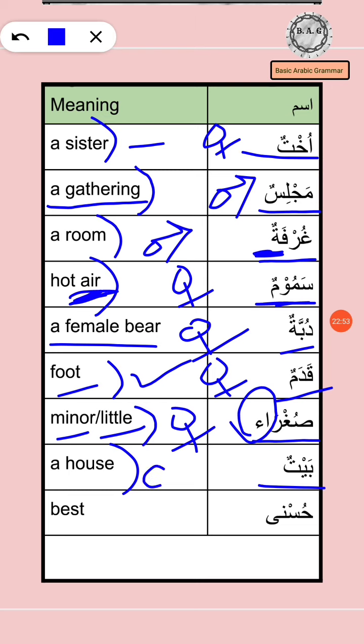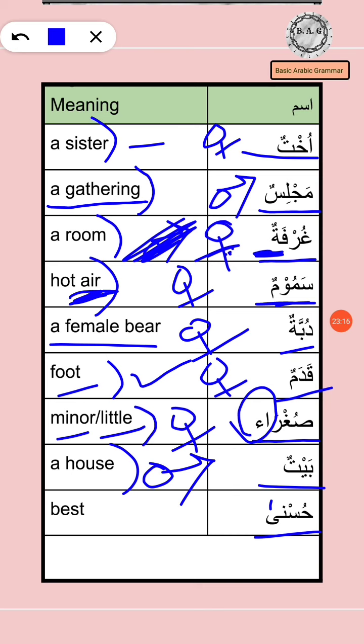So we have, it's masculine. Oh, hang on a second. I made the wrong symbol. All right, so it's ghurfatun. It has this ta marbuta over here, so it's feminine, okay? Alright, so what do we do? We have husna in the end, and well, we did this.